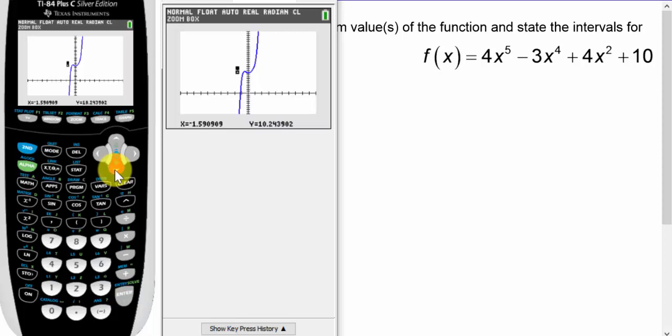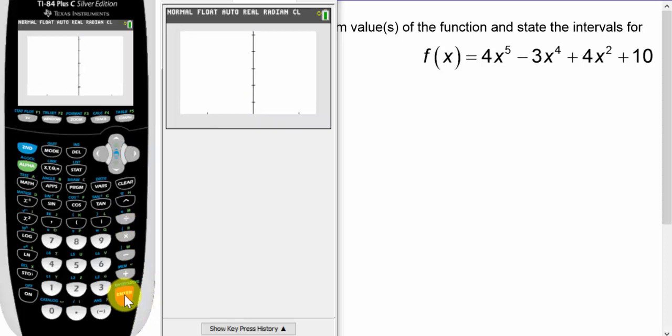I'm going to bring it down to below my relative minimum. And I've created a side of a rectangle. And now I'm going to drag it to the right, and I'm going to enclose that whole piece of the graph that is interesting to me. And then after I've done that, I'm going to hit enter. And what it does is it zooms in on what I just encircled.